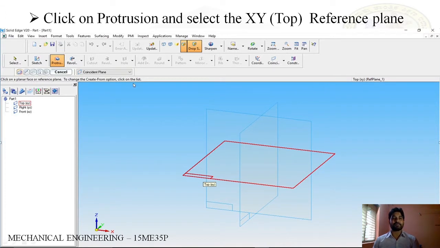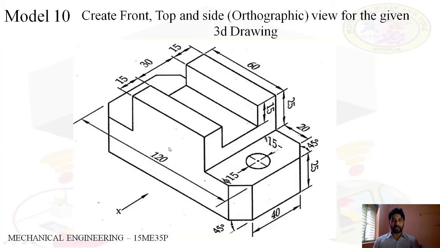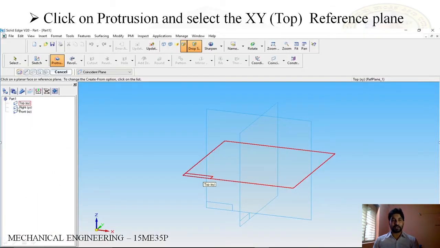In the first step, you have to select the top reference plane in order to draw the bottom portion of this feature. As usual, you have to create this model in 2 steps. In the first step, you have to draw this bottom feature, and after that you have to draw this top feature. So in order to draw this top feature, you have to go for protrusion command.